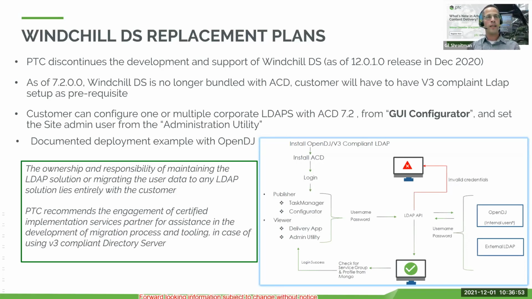But we also advise everyone considering an implementation with any of the other V3 compliant LDAPs to partner with an implementation services partner that will help you go through this process, especially if you're planning to migrate the content from an existing Windchill DS or another LDAP. This is a relatively more challenging task, and we advise you not to go through it alone.